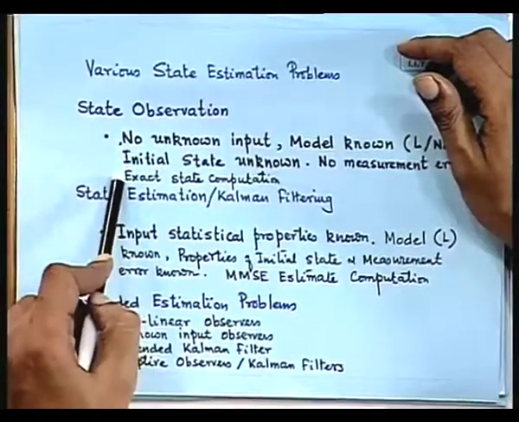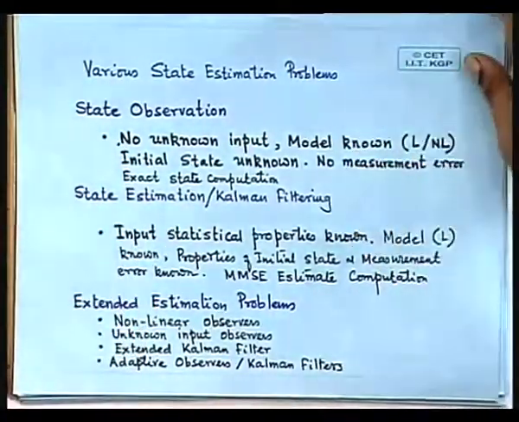Then there are extended versions of the Kalman filter, mainly to take care of nonlinear cases, and there are also adaptive versions of it when the system tends to change from one type to another. So whether we can have state estimators of systems which are varying. These are somewhat advanced problems. In the coming few lectures we will basically be concerned with this class of estimators, but today we will take a look at these just to warm up.